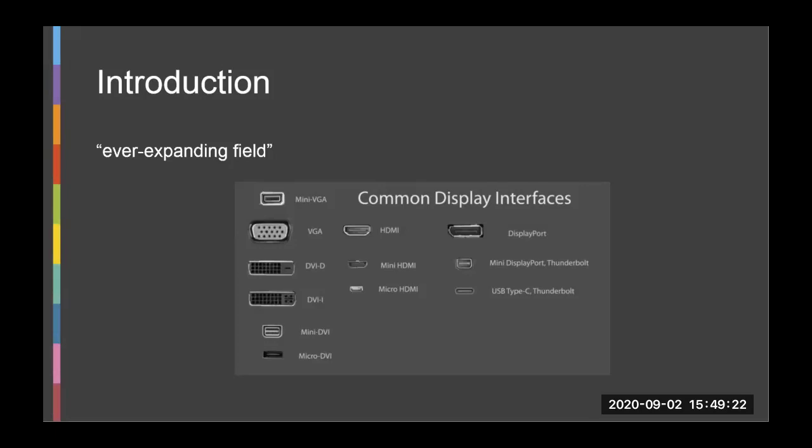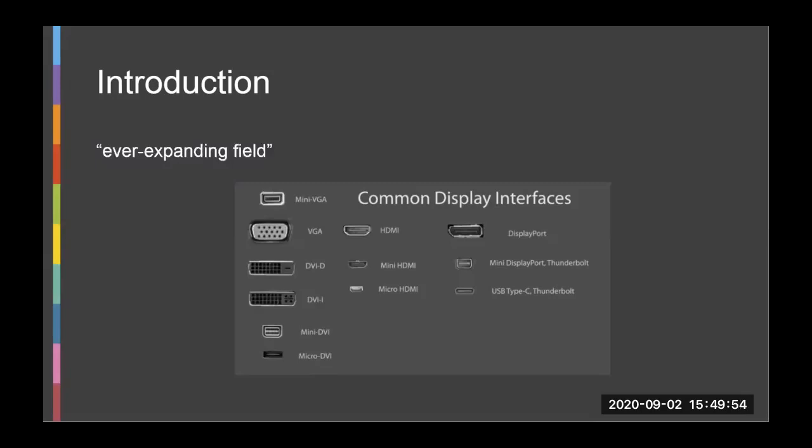An example comes to mind. The diagram on the screen shows you different display ports for your computer. When I remember back in school when I was taught the theoretical aspects, we didn't have so many ports. It was essentially your VGA port that you see on your screen and your DVI port that you see there as well.